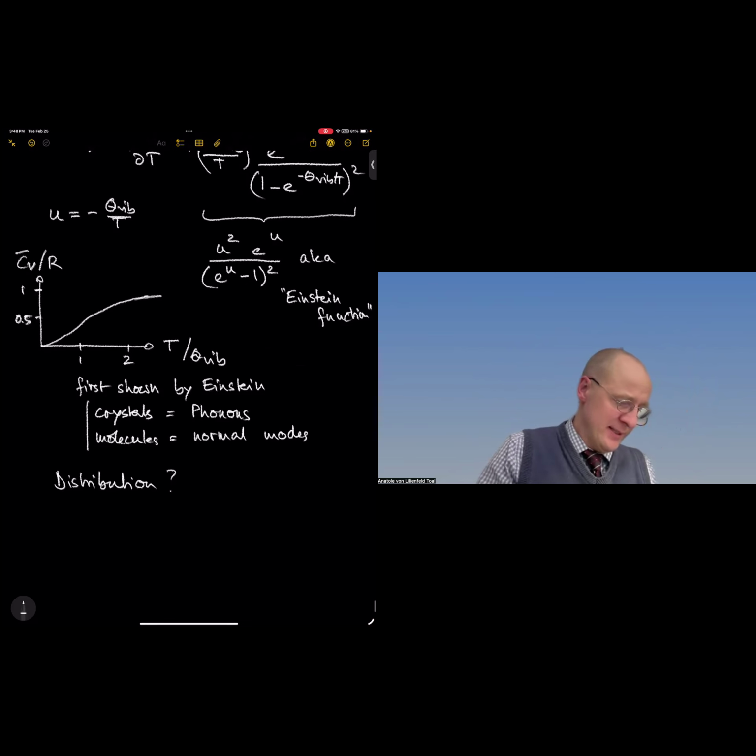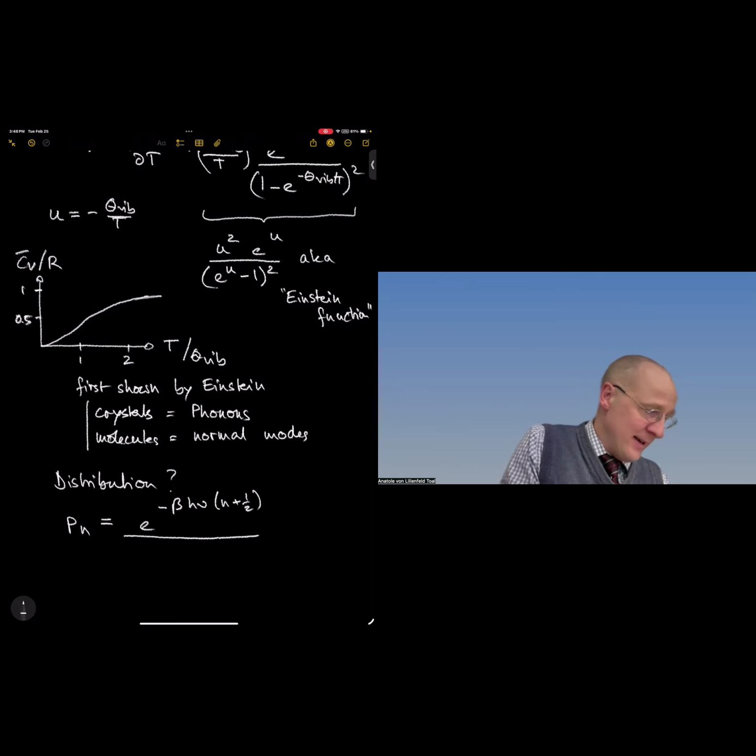And so just as for the rotations, we can ask this question: what's the probability for any given vibrational state n? And that will be e to the minus beta h nu (n plus 1/2), so just my eigenvalue, divided by my q vib.